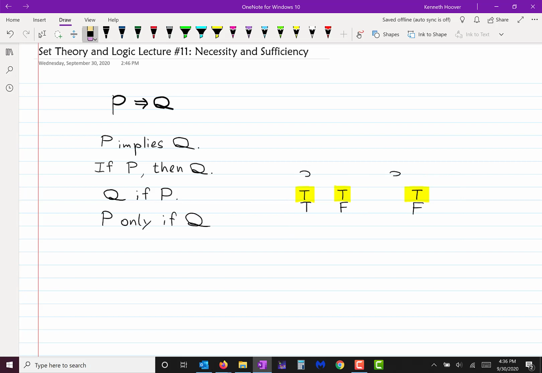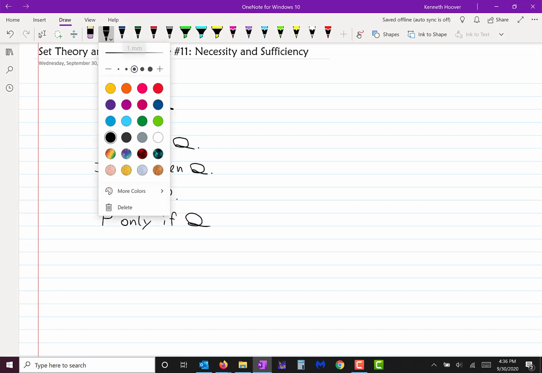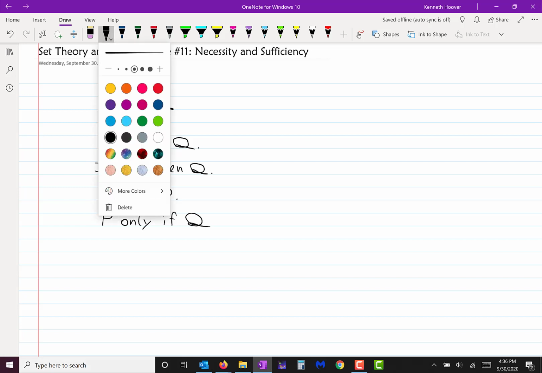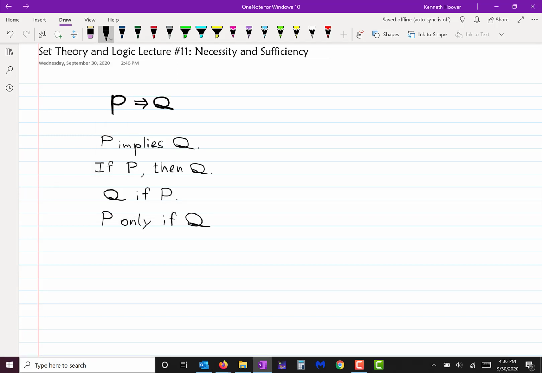Now, there's two more ways I would like to cover. Okay, these sound a little bit more fancy. Look at this line right here.